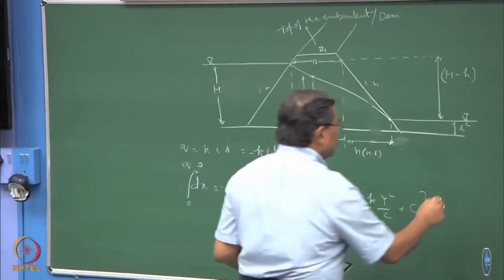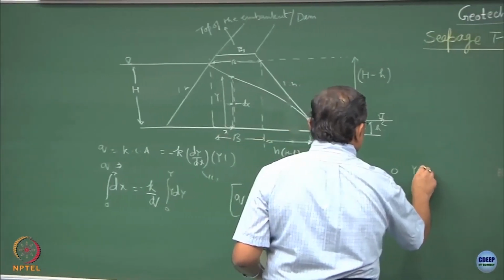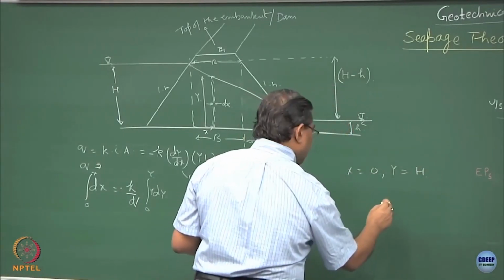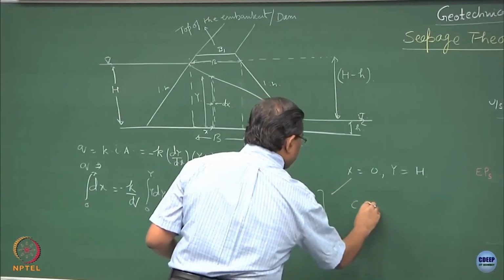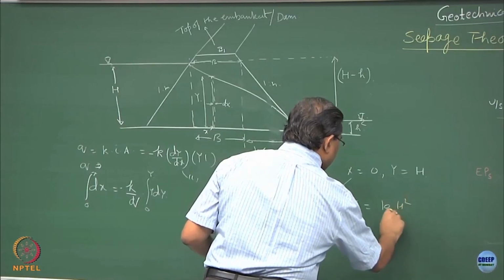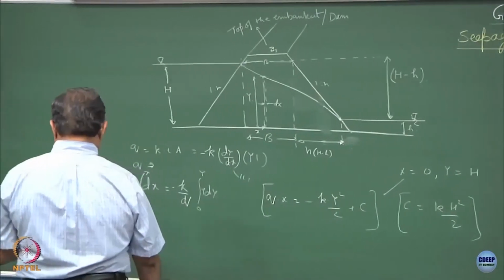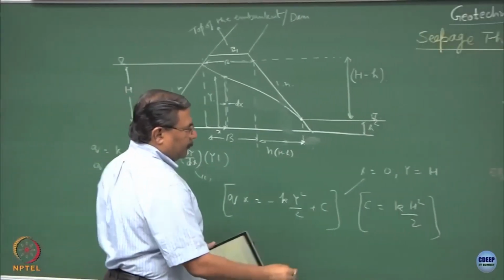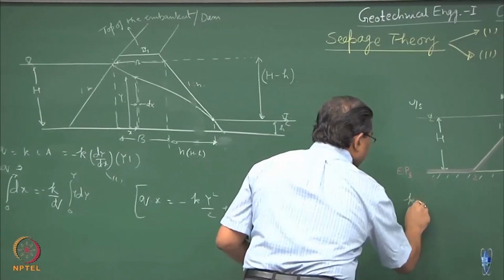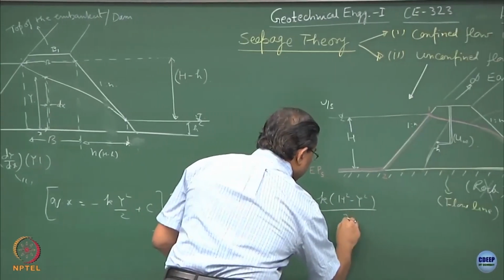Substitute the boundary conditions, x equal to 0, y is equal to h, and I get c is equal to k into h square by 2, and hence q will be equal to k into h square minus y square upon 2x.